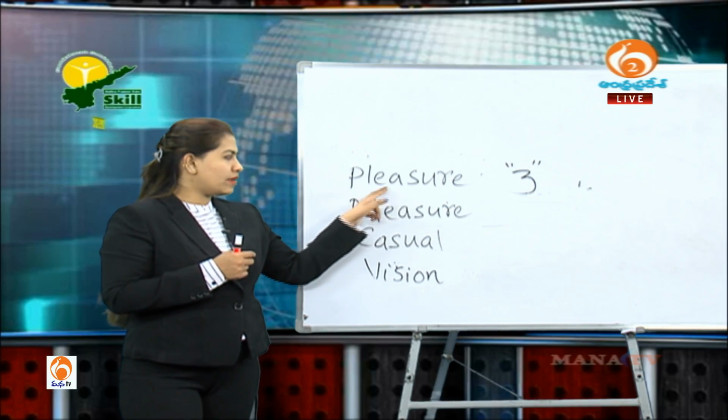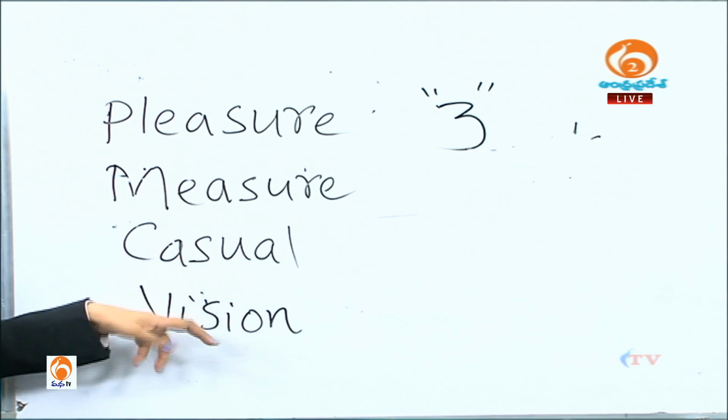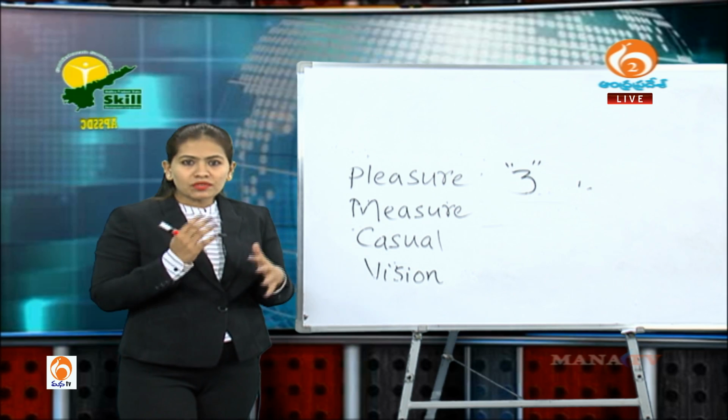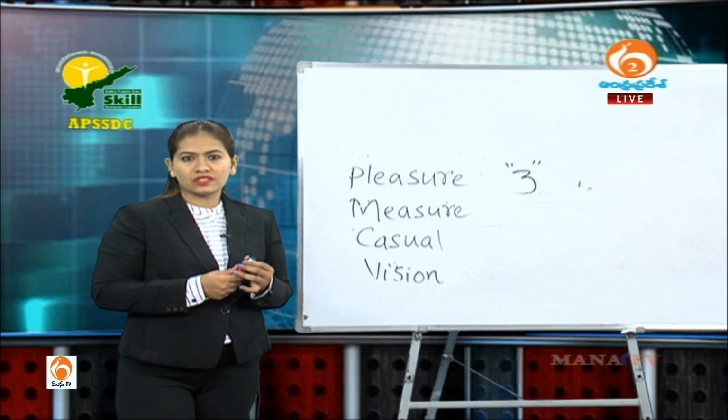I'm obstructing the air, and the sound is zh. So when I say zh, the words are, for example, pleasure, measure, casual, and vision. These are things you have to keep repeating, and out of practice you can certainly get it.